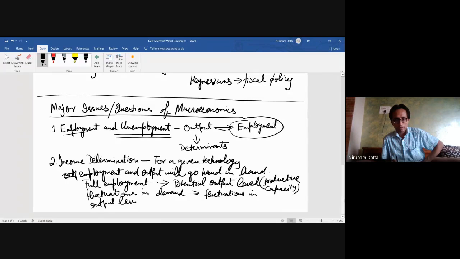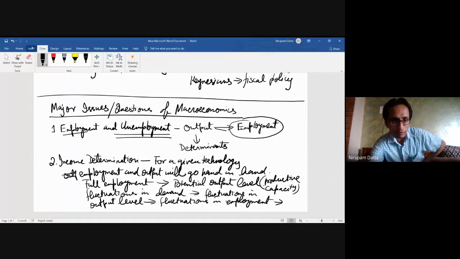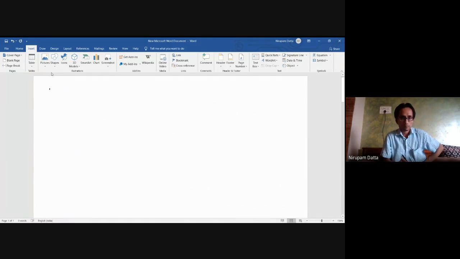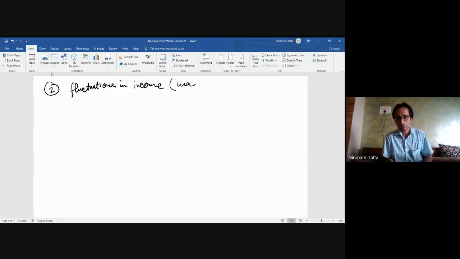As there are fluctuations in output level, this will also lead to fluctuations in employment, and this will also lead to fluctuations in income, because when the factors of production, whether labor or capital, are employed, in exchange for supplying these factors they get paid either wages or rent or profits or interest.